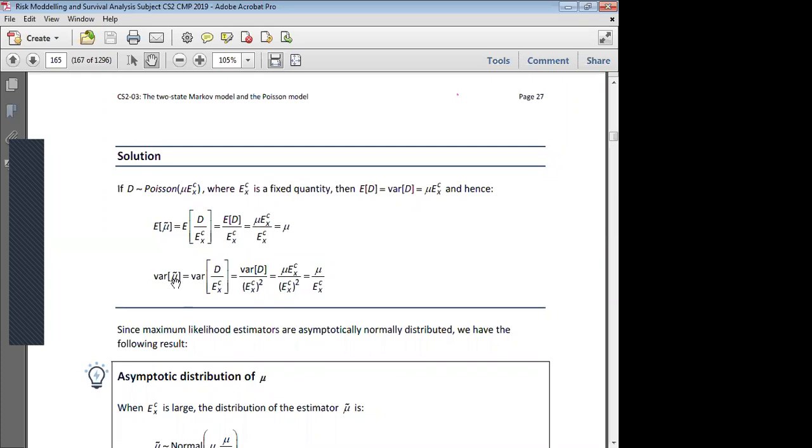And then if you're looking at variance of mu tilde, you will again just be looking at variance of this guy. So this being a constant comes out with a square as expected, and you'll have variance of D here. And again, because we know the variance of D is also just lambda here, because my D follows Poisson distribution, right?